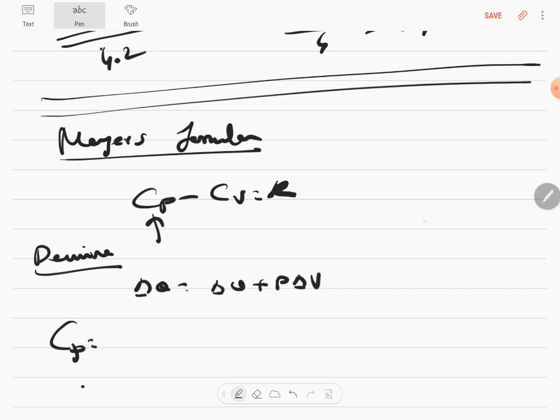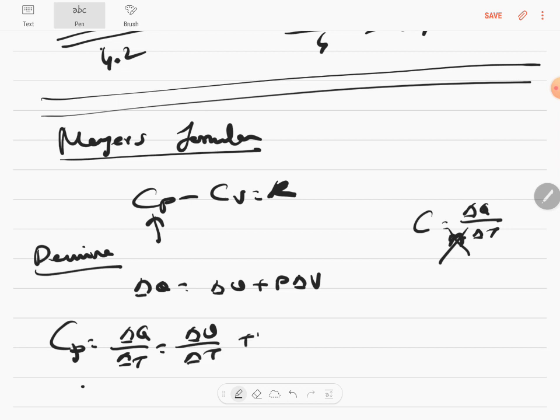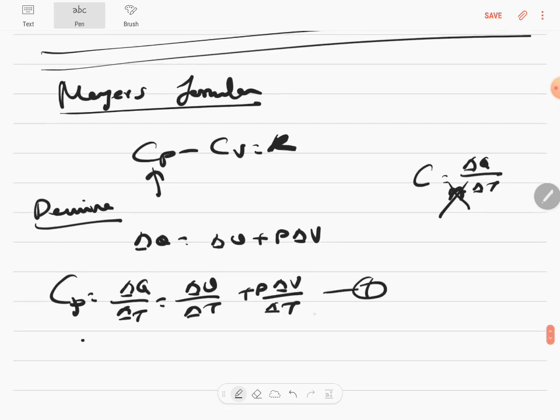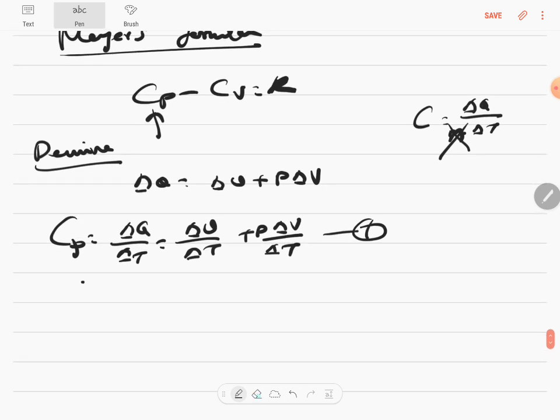You know C's formula is delta Q by M into delta T, or n into delta T, taking it as 1 mole. So it's delta Q by delta T, dividing by delta T on both sides: delta U by delta T plus P into delta V by delta T. Thus you got your first equation. This is the specific heat, so you got Cp.